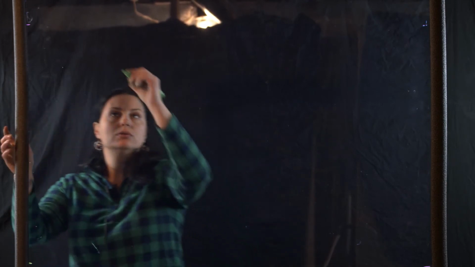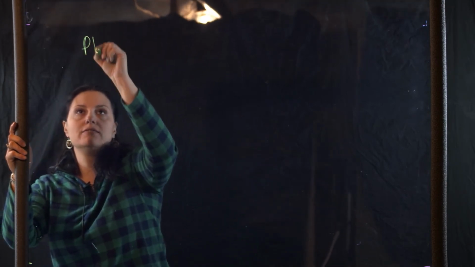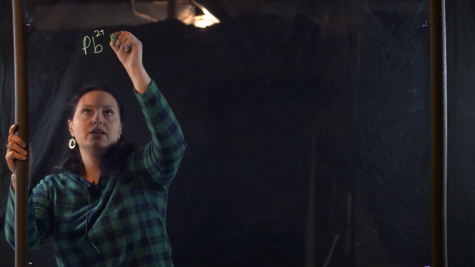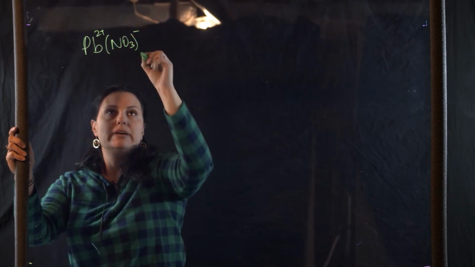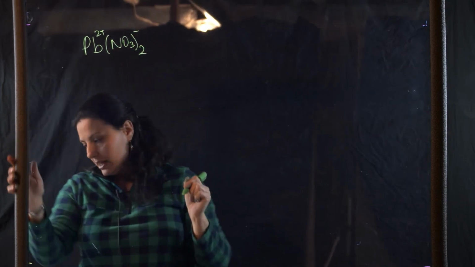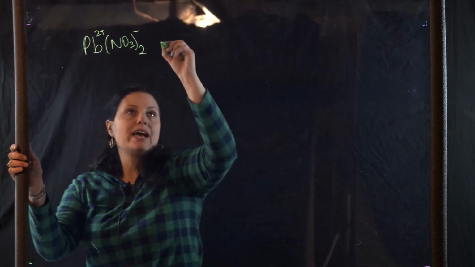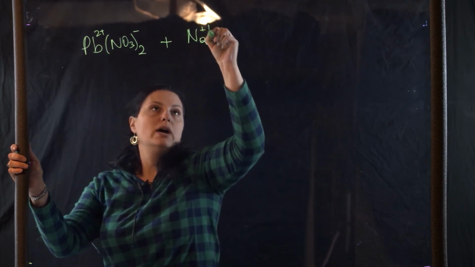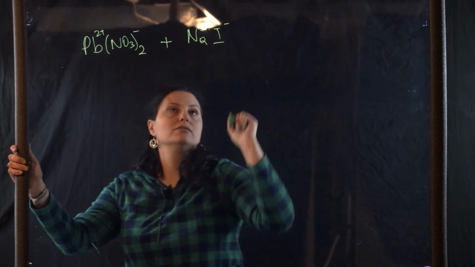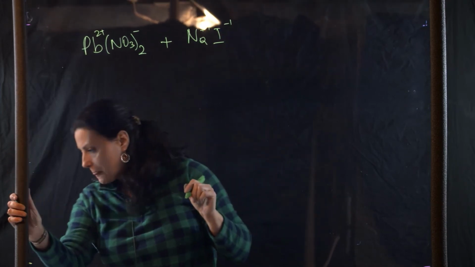Okay, problem number 2 for limiting reagents. When lead-2 nitrate, so lead-2 tells me the charge of lead. Lead-2 nitrate is NO3, and it's a minus. So to make this neutral, I need 2 nitrates. When it reacts with sodium iodide, sodium is a +1, iodide is a -1, so we're good there.